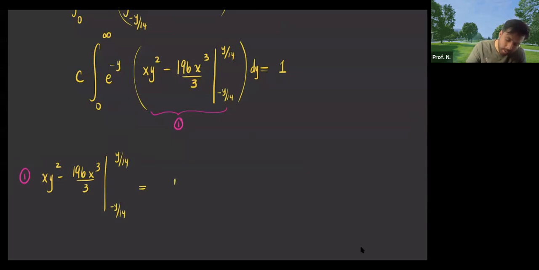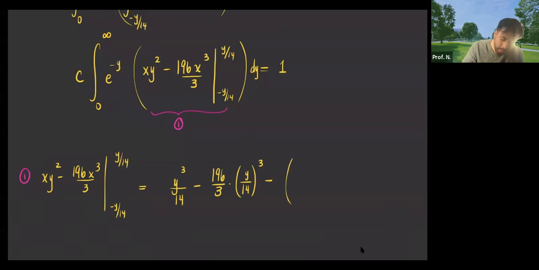And you plug that in, you get y cubed over 14 minus 196 over 3 times y over 14 cubed, minus, in parentheses, when I plug that into x, I get negative y cubed over 14, plus, this becomes plus, 196 over 3 multiplied by y over 14 cubed.